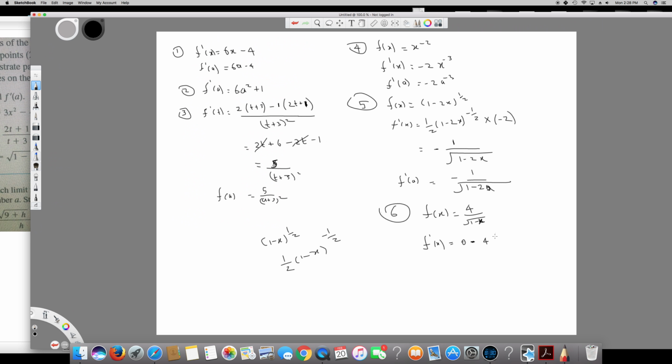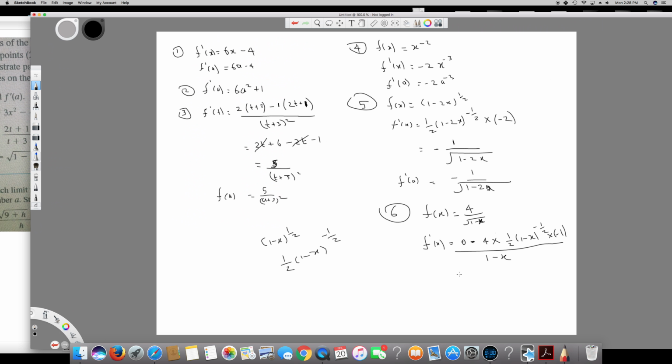So I write this as 4 times half times 1 minus x to the power of minus half, and the inside derivative is just minus 1. So I multiply by minus 1, and I have to square the bottom according to the quotient rule. If I square it, it's going to be 1 minus x.